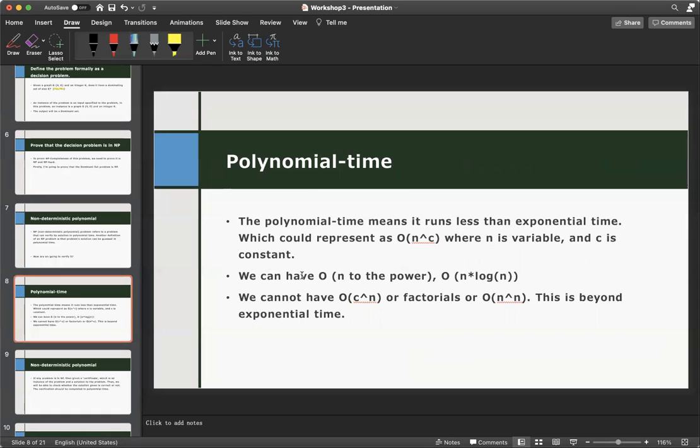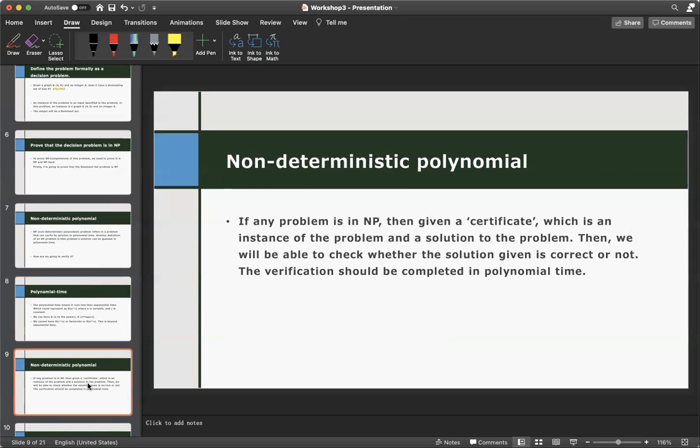So basically, we can have big O n to the power of c or big O n times log n. Those will all be okay, but we cannot have big O constant to the power of n or factorials or big O n to the power of n. This is beyond polynomial time, so this is not allowed.